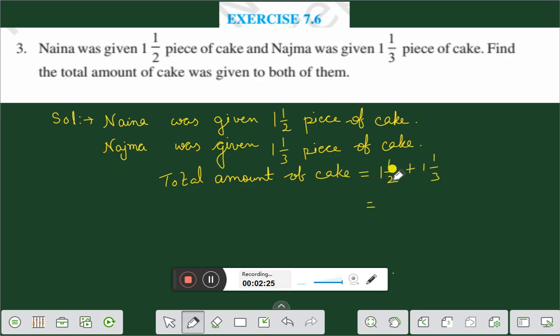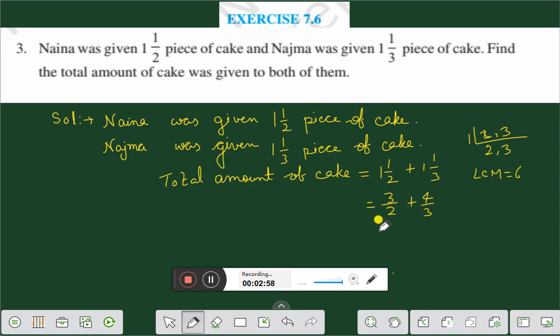First of all, 2 into 1 is 2, plus 1 is 3 by 2. Then 3 into 1 is 3, plus 1 is 4 by 3. We'll find the LCM of 2 and 3. It is divided only by 1, that is 2 and 3. Therefore, LCM is equal to 2 into 3, that is 6.